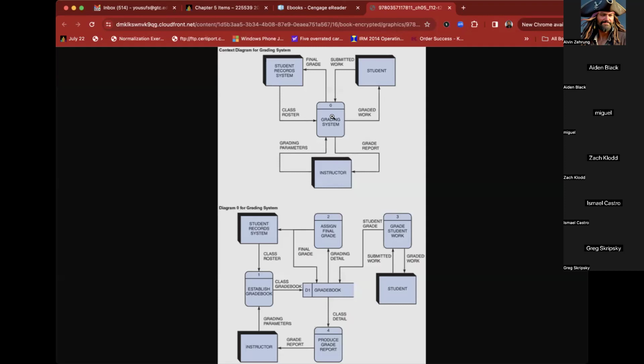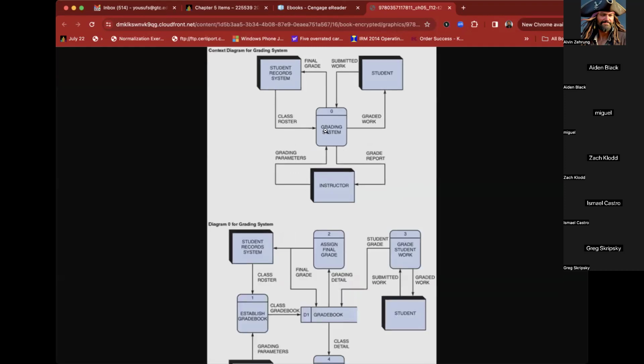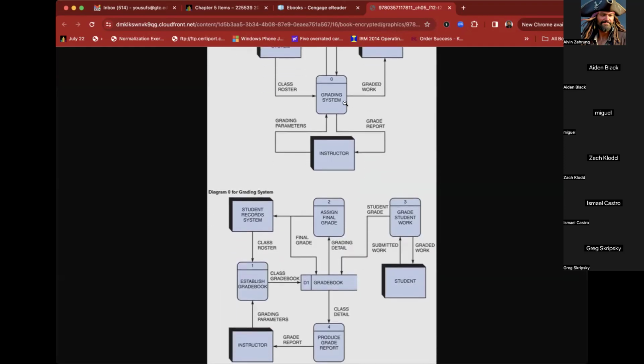What we decided to do was take the 0 and say, our grading system will now be further divided into 4 components. One component's job is to establish gradebook. Another component's job is to assign the final grade. Another is to grade the student work, and another is to produce grade report.